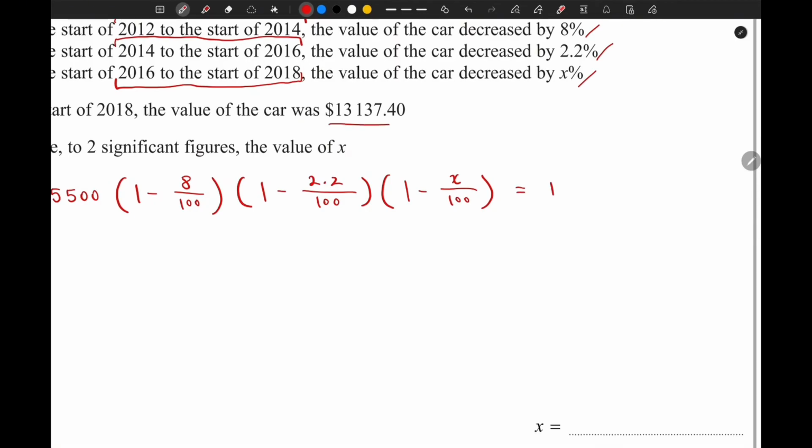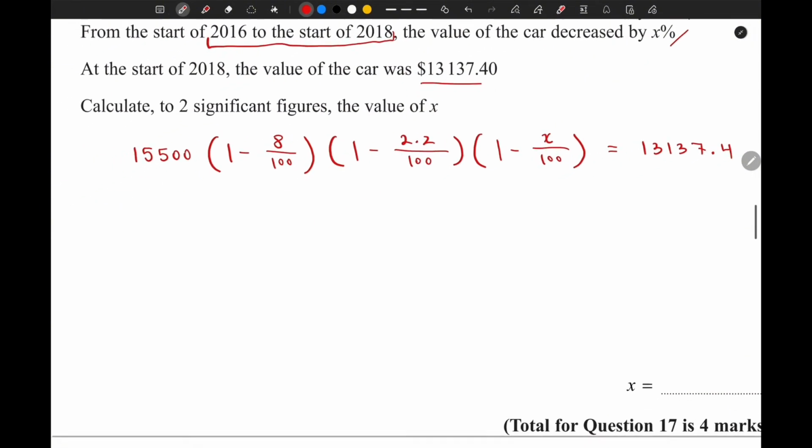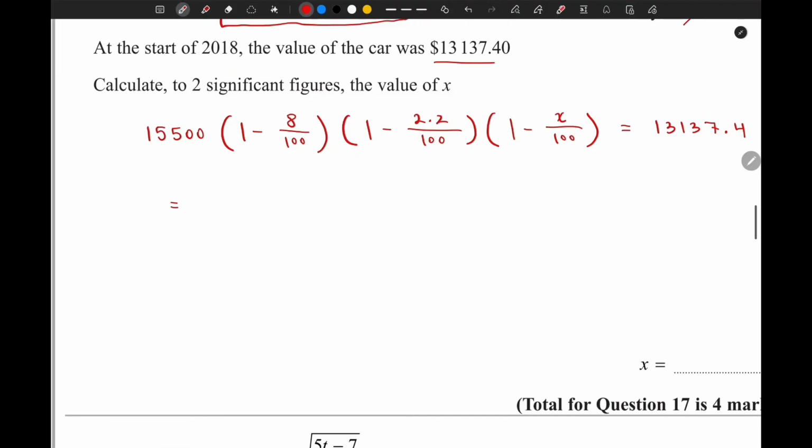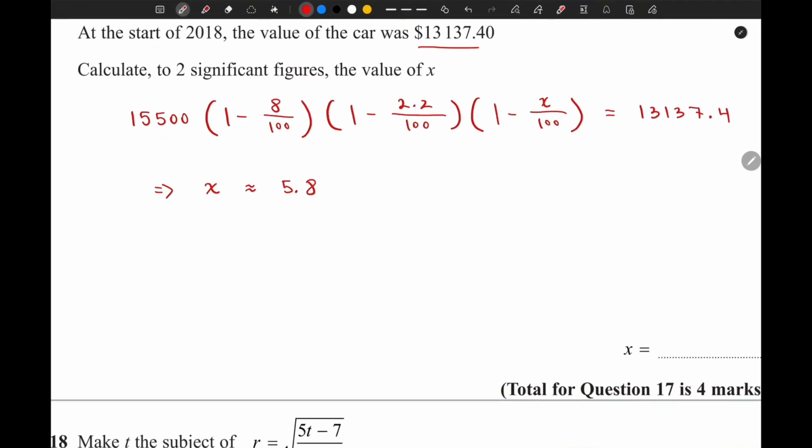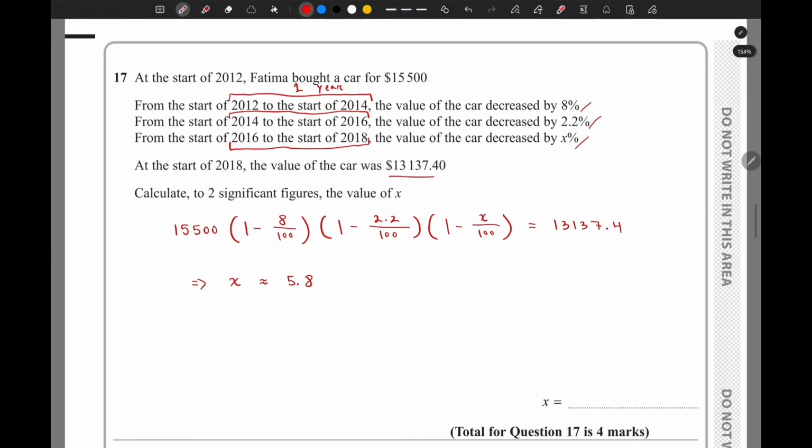So this would be equal to 13,137.4. Now we just need to solve this equation. So the value of X is around 5.8. If you follow this formula, the answers would be much more efficient, and this formula is actually accepted in the mark scheme. So that is the answer to this question.